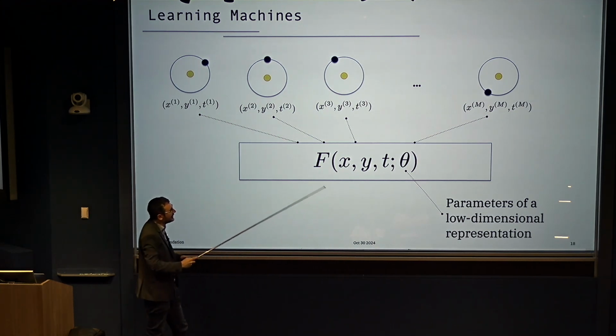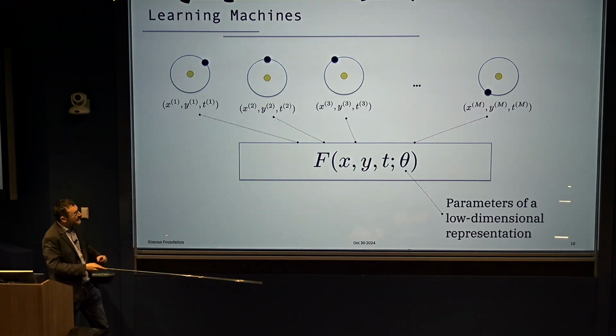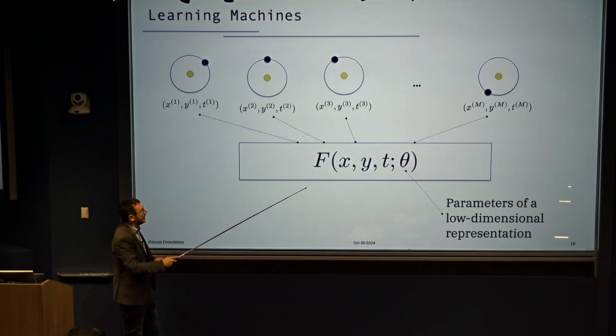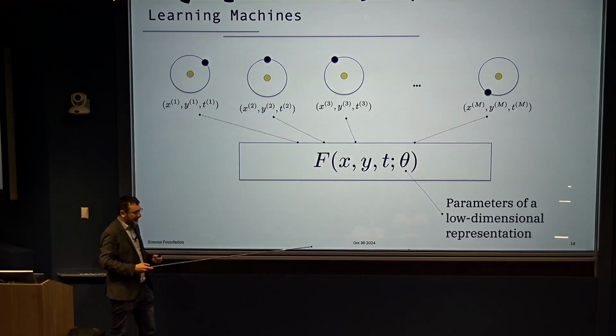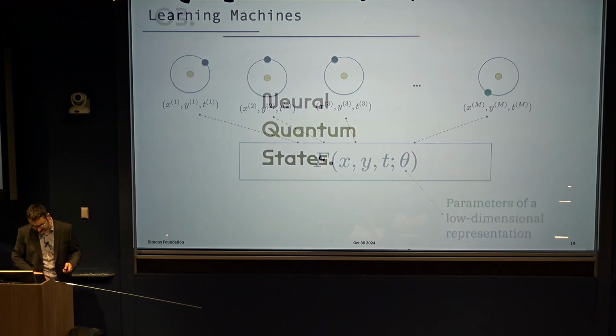Essentially, neural networks do this. They give you a compact representation by reducing the number of degrees of freedom to something that is more manageable and easier to manipulate also with a computer.